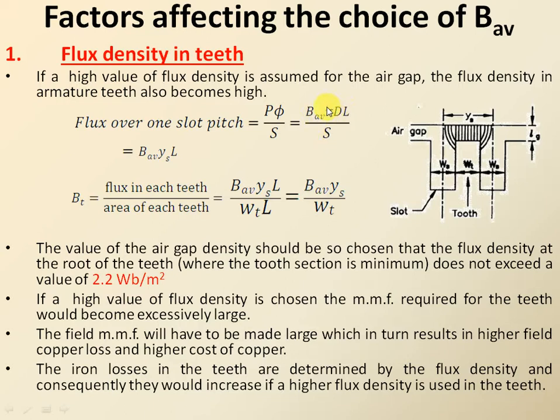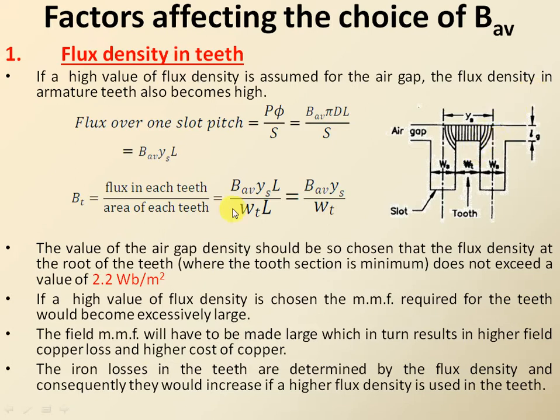In this relation, pi D by S is the slot pitch. So instead of pi D by S, we can make the substitution Ys. Hence the flux over one slot pitch, which is the flux in each tooth, becomes B average into Ys into L. The area of the tooth can be easily determined by multiplying the width of the tooth with the length, which is the whole length of the armature.